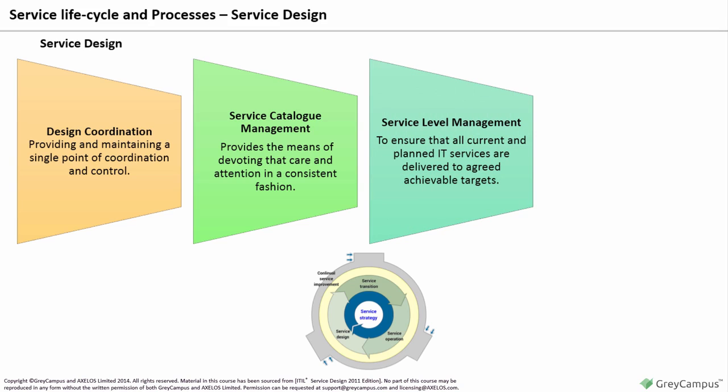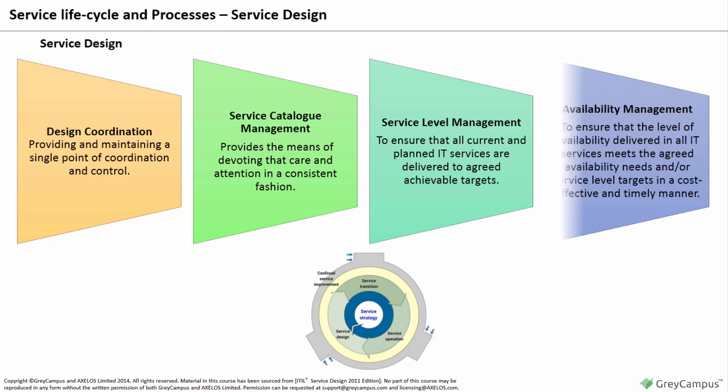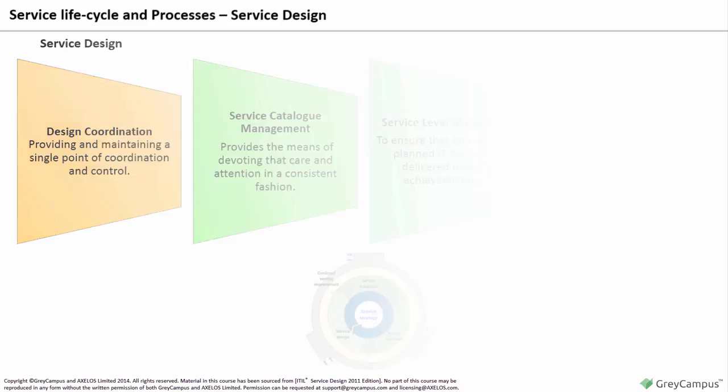Service level management to ensure that all current and planned IT services are delivered to agreed achievable targets. Availability management to ensure that the level of availability delivered in all IT services meets the agreed availability needs and/or service level targets in a cost-effective and timely manner.